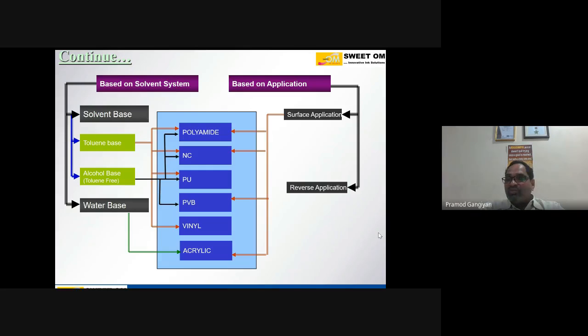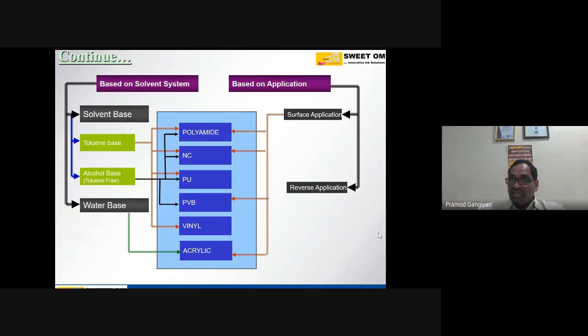I will give you some brief about it. Surface coatings, everybody knows, are the coatings which we apply on a wall, on metal, on a floor. Those are called surface applications. But here surface doesn't mean just any substrate. Surface means which is above the surface, which is exposed to the environment.